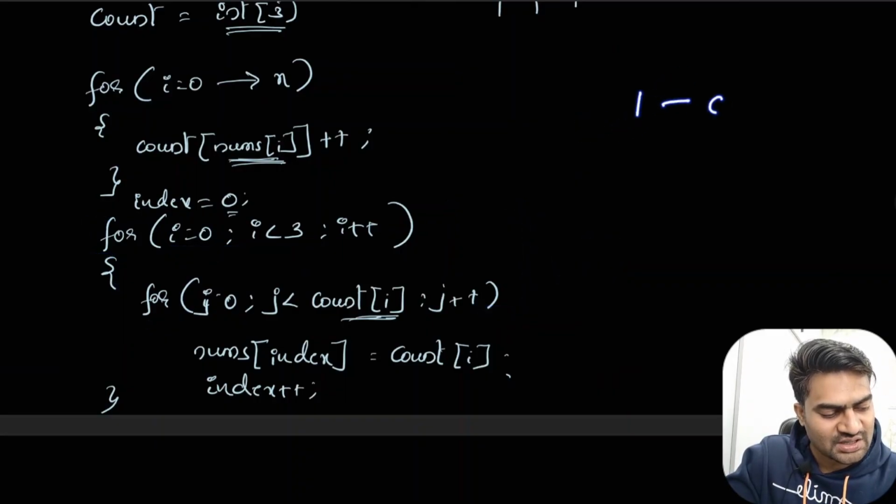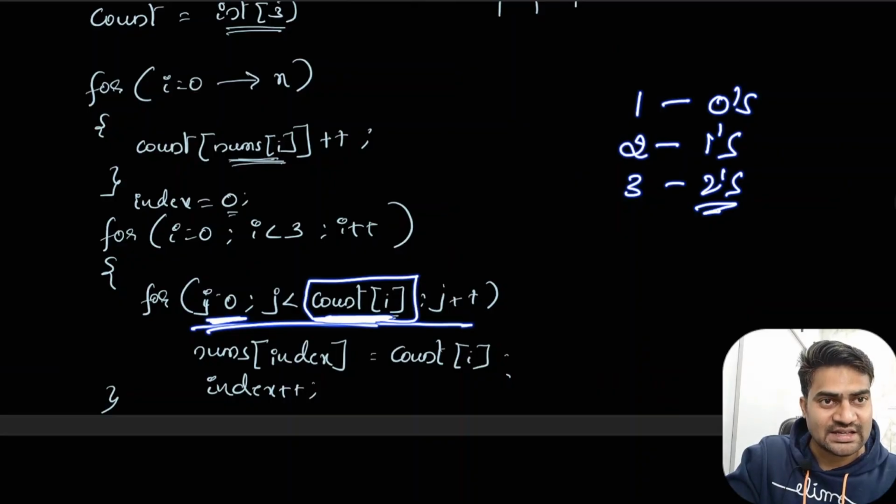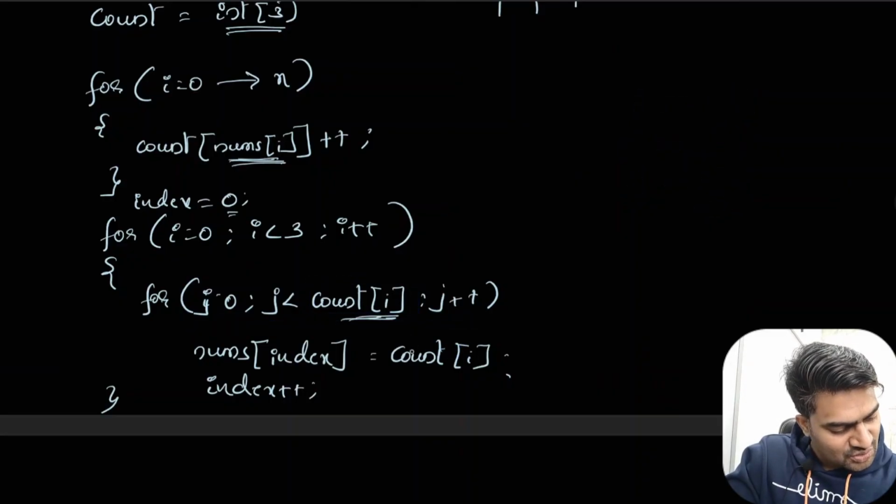Once for 0's, second time for 1's and third time for 2's. Then this particular loop only runs for as many values as we get here. So here it should not be count of i, it should be only i, my bad.